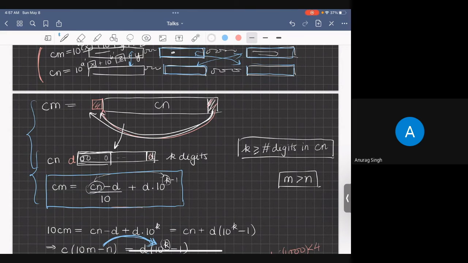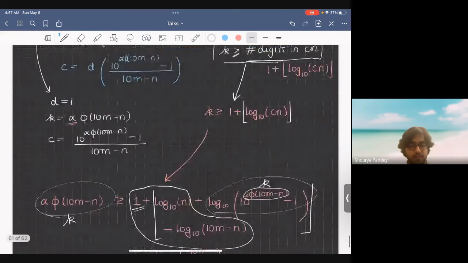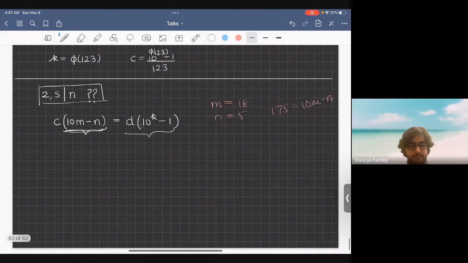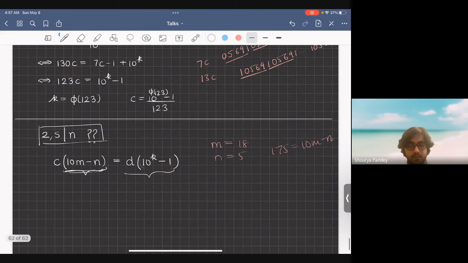Oh, the original solution. I don't know what they did in the original solution because I've not seen the original solution.